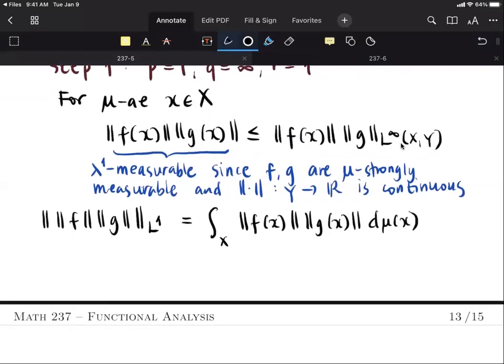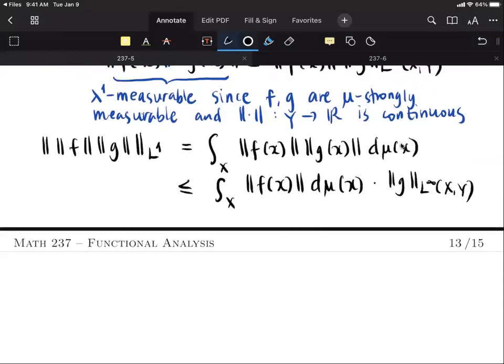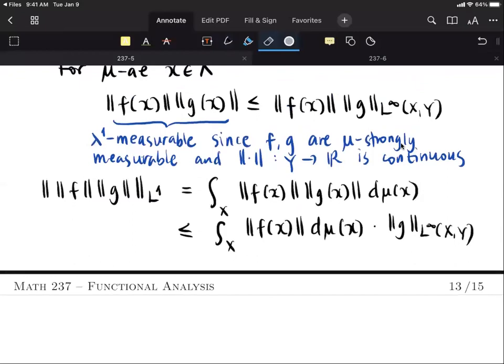Okay, and this L infinity norm of g is now constant with respect to x, so this is less than or equal to the integral of the norm of f of x d mu of x times the L infinity norm of g. Okay, but then we can replace this quantity here by the L1 norm of f.